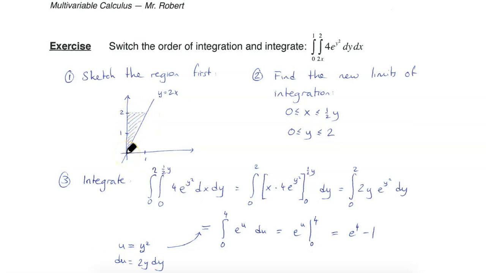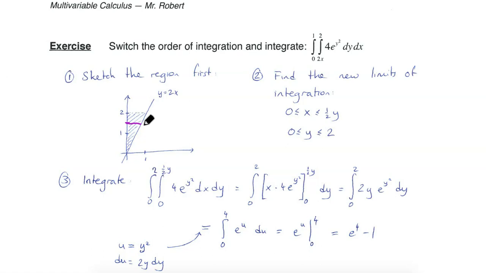Now that I've done that, I can try and define a new integral where I'm going to focus on y first. So y goes from 0 to 2, and then for any y in the range from 0 to 2, if I pick a certain one, x will go from 0 to hitting the line y equals 2x, which is the line x equals 1/2 y.